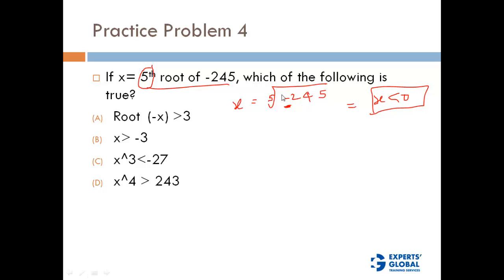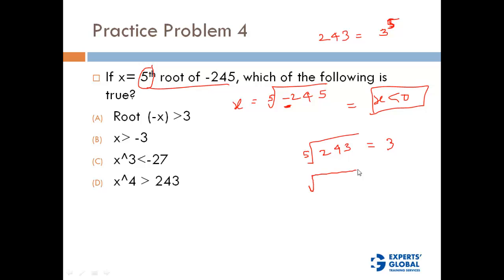You'll also see that if you look at this number 245, it is very close to 243, which happens to be the fifth power of 3. So that means the fifth root of 243 is going to be 3, right?